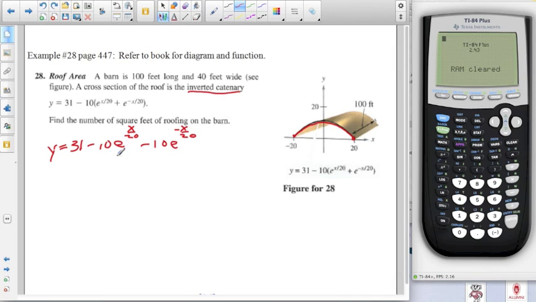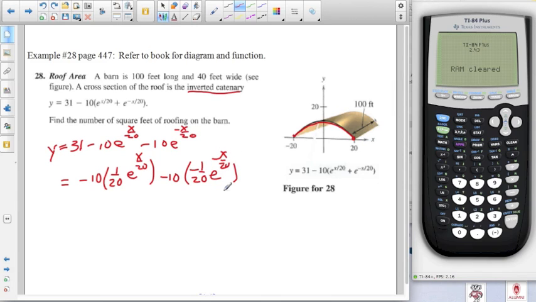Okay, so taking the derivative of this is, derivative of 31, that's constant, so that's 0. Taking the derivative of this, using the power rule, this is going to be minus 10 times 1 over 20 e to the x over 20. And this is minus 10 times minus 1 over 20 e to the minus x over 20.